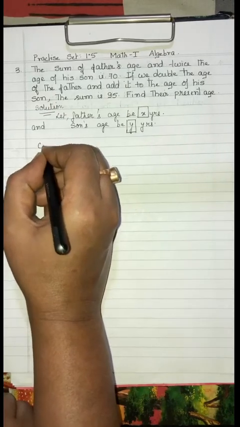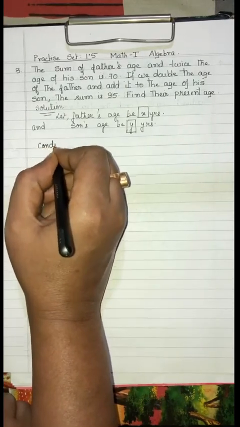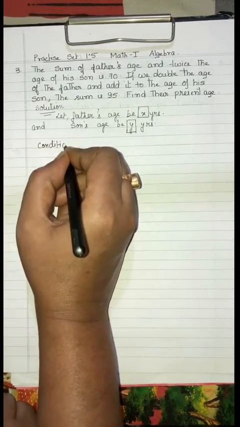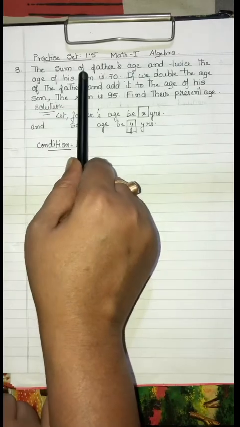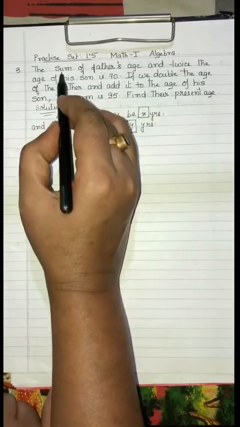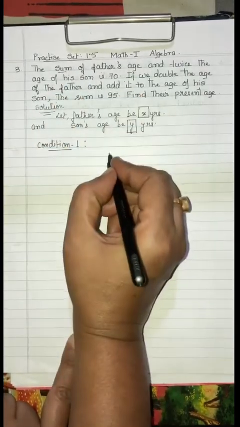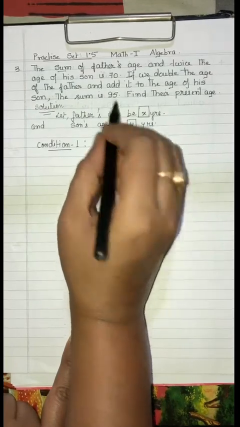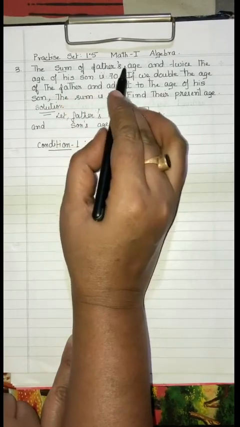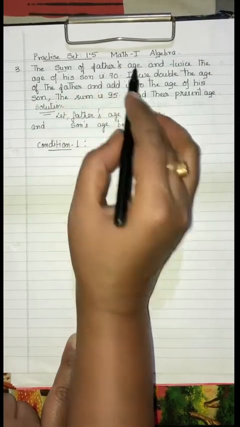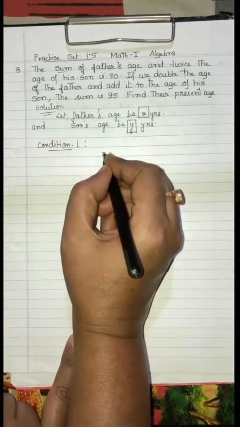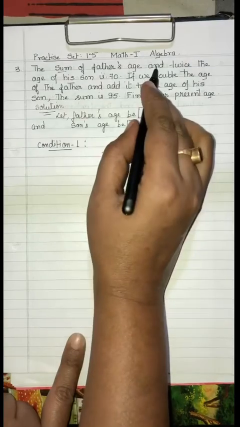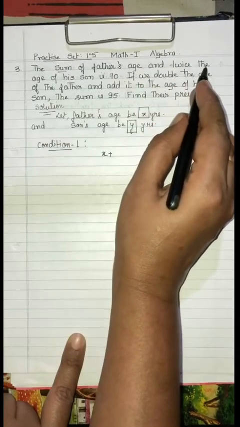Now, what are the conditions given in the question that you have to understand? Let us see condition 1. The sum of, sum means plus, of father's age. So what is the father's age? We have taken it as x. Father's age x, and twice the age of his son.